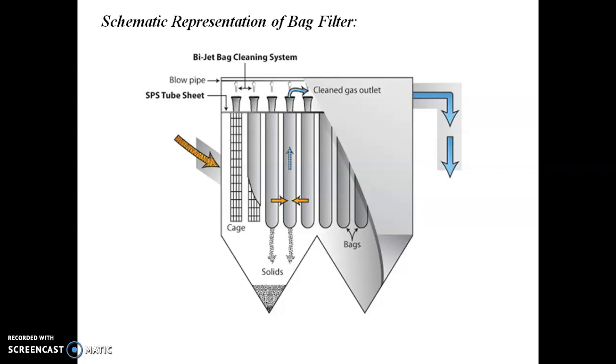After that, dislodging or disengaging the particulate matter from the fabric makes the surface of the bag available for again passing the air into the bags, and the clean gas will come out from this bag house through the chamber.